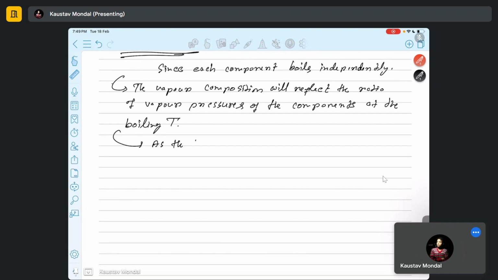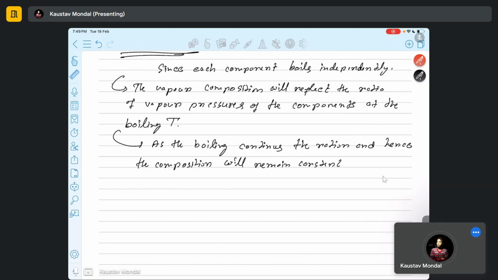As the boiling continues, the ratio and hence the composition will remain constant until one component is exhausted, right?